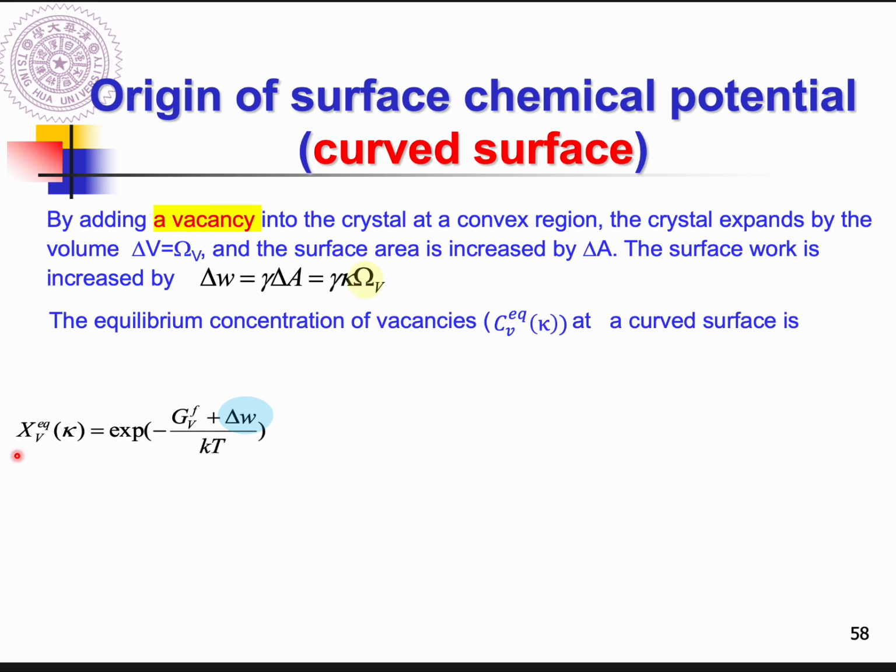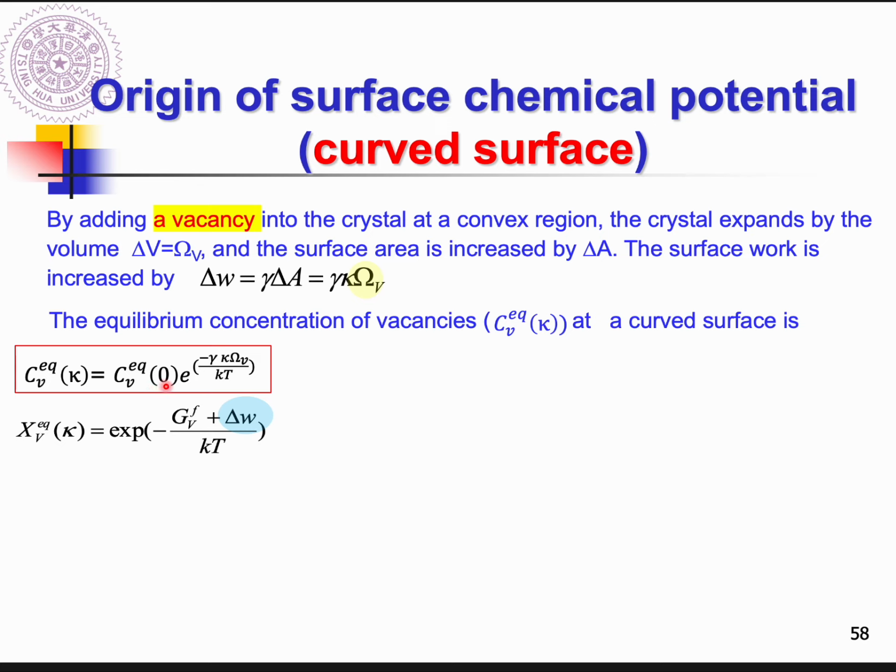So we got the atomic vacancy fraction at the equilibrium condition expressed as the exponential of minus the vacancy formation energy plus the extra work term. The extra work will be gamma kappa omega V. Some people, instead of expressing it like this, will express the vacancy concentration, which depends on the curvature kappa, like this: C_V equilibrium 0.